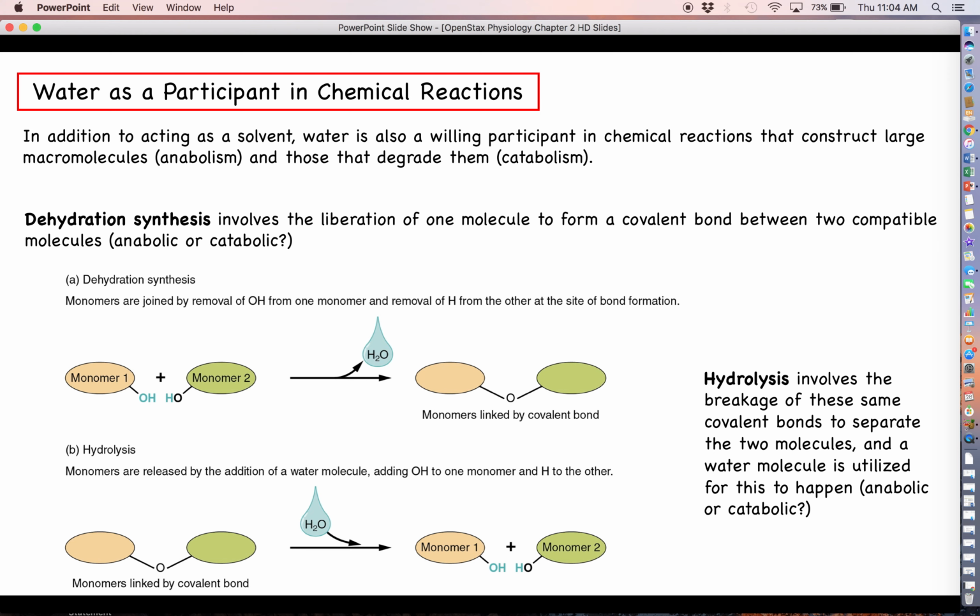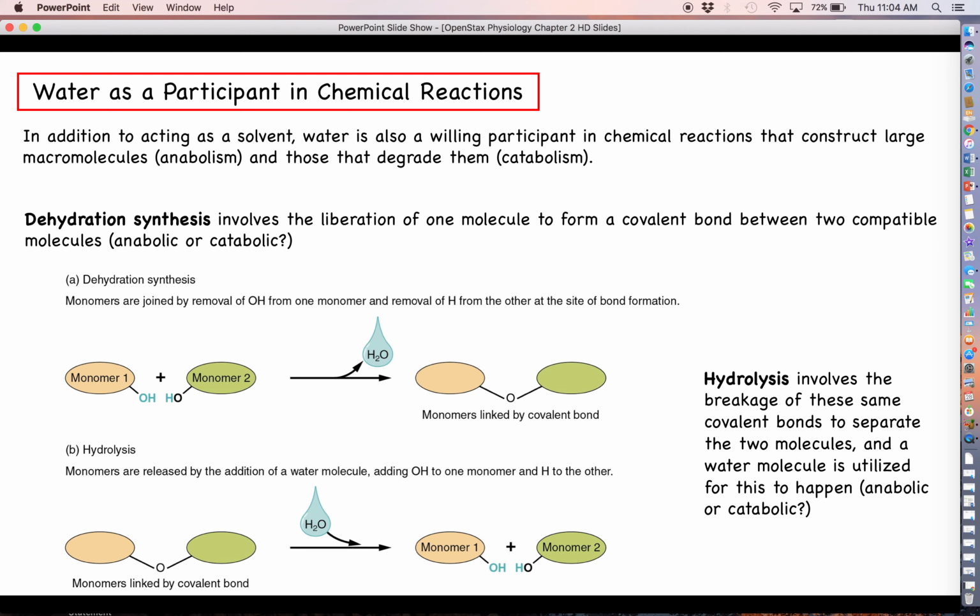The next type of reaction is called a hydrolysis reaction, and that is the one down here at the bottom. The hydrolysis reaction is essentially the dehydration synthesis run in reverse. So with a hydrolysis reaction, we already have a fairly complex molecule that is joined by a covalent bond, and we are utilizing a free water molecule in order to break that chemical bond.